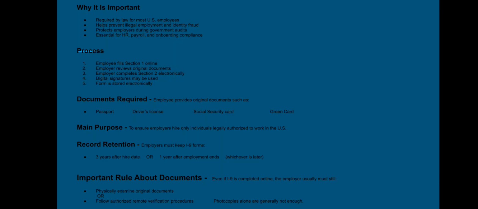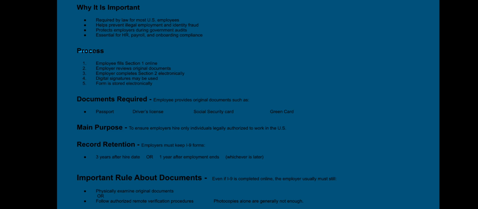The documents required: the employee provides original documents such as passport, driver license, social security card, green card. Basically, the employee submits proof of authorization to work in the US to the employer. The main purpose of this I-9 is to ensure employers hire only individuals legally authorized to work in the US.